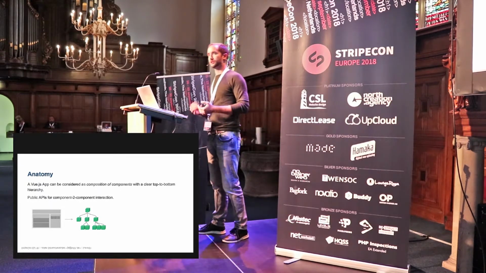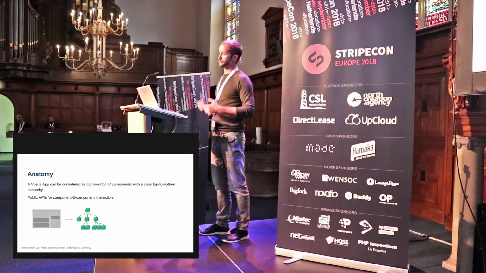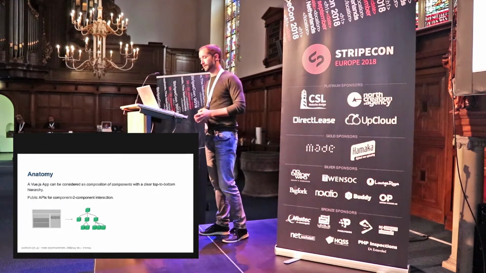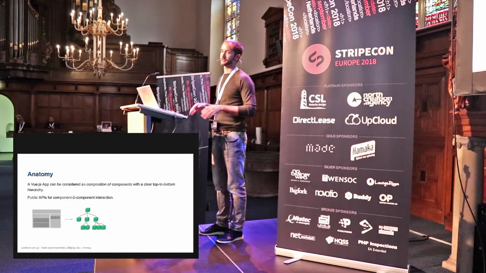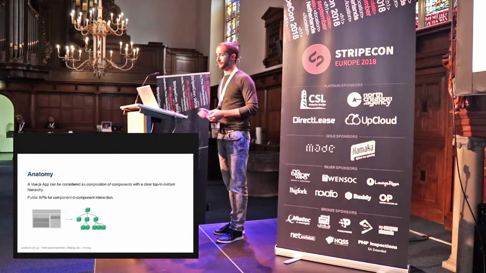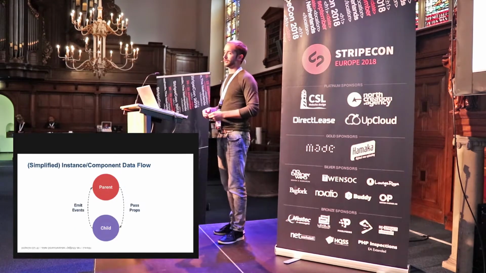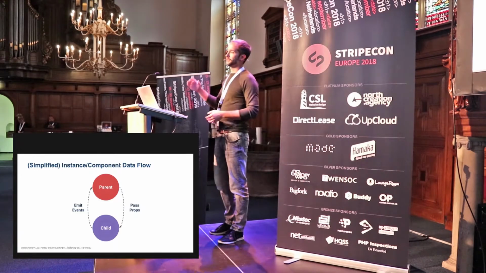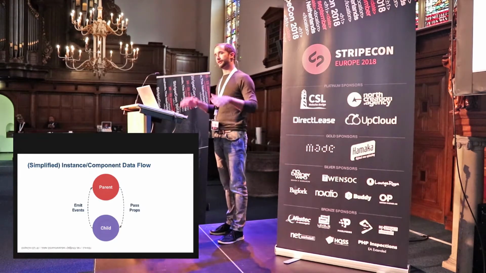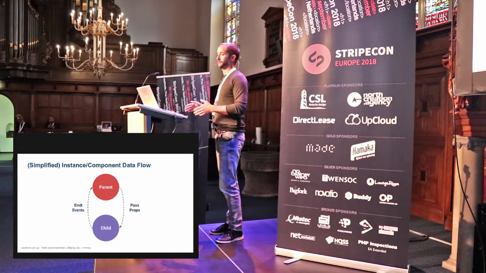If you look at a whole Vue.js application, I'd say it's a composition or orchestration of components. So this is also what might be very familiar for React developers. You can have higher order components with a clear hierarchy of descendant and child components.